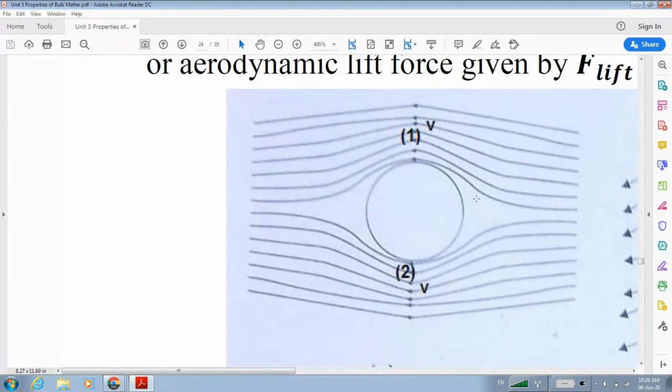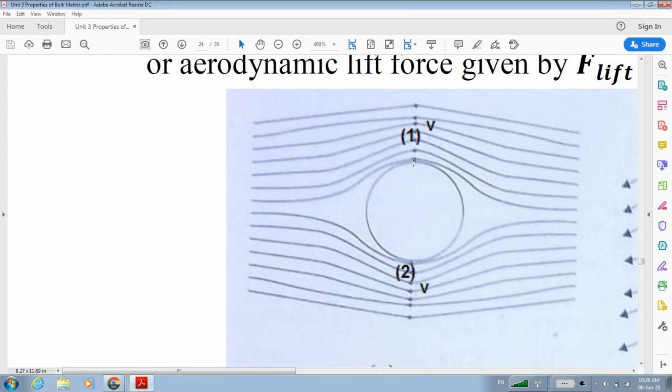Some of the streamlines will go upward, and some will go downward around the ball element. If we consider the ball is moving without spinning, there is no additional force acting on the streamlines. They are simply deviating towards the top of the ball and some towards the bottom of the ball element.